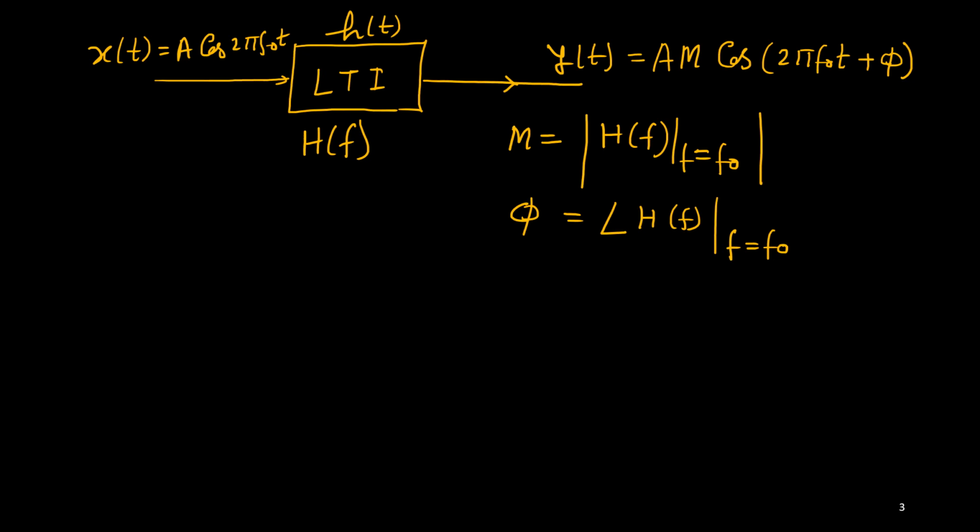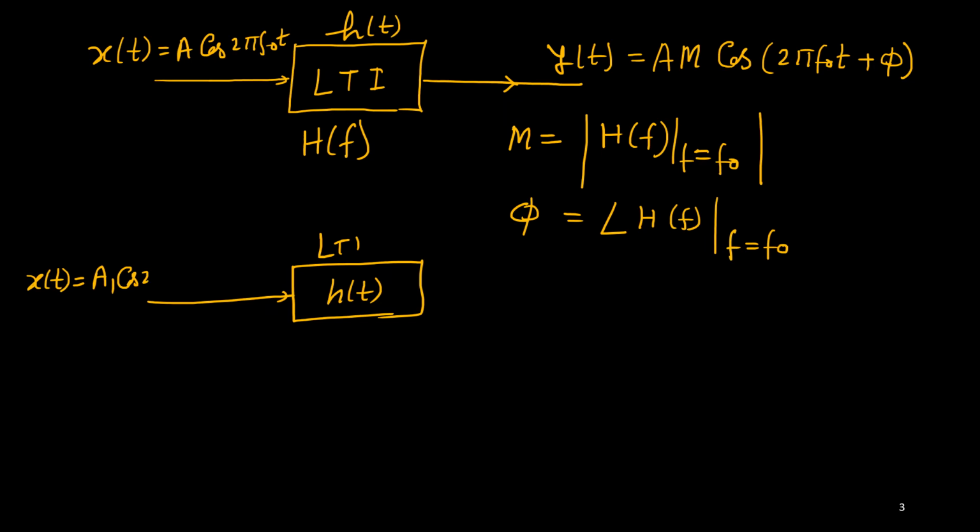So what I can say is that if this is the LTI system, and its impulse response is h(t), and here x(t) is such a linear combination, suppose A1 cos 2 pi f1 t plus suppose A2 sin 2 pi f2 t, then the output y(t) will be very similar.